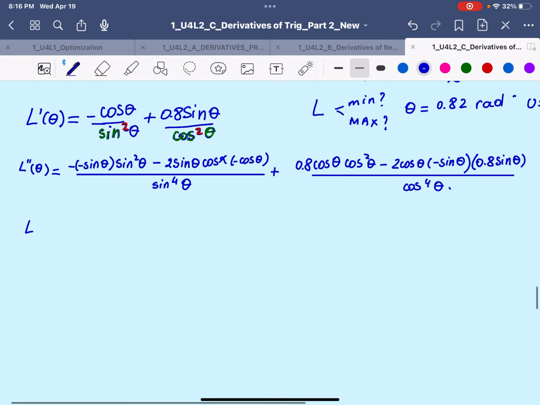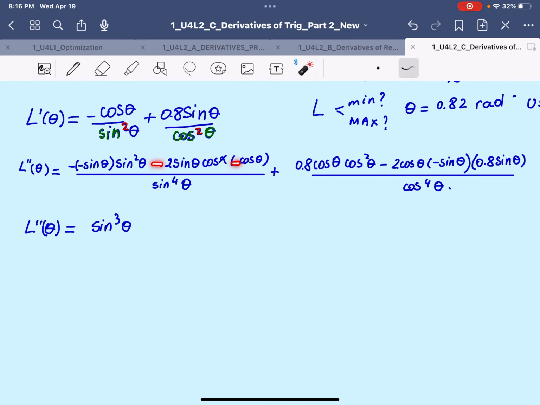So it looks a bit complicated. We'll be done in the next step. It's going to turn out quite easy and interestingly easy. So minus plus sine cubed. So that will make a positive sine cubed theta. Let's see what we have here. Minus plus, so 2 sine cos squared theta. This will all be over sine 4 theta.